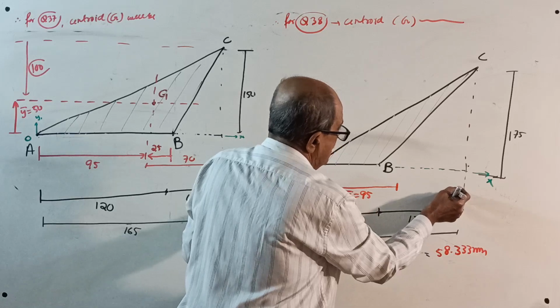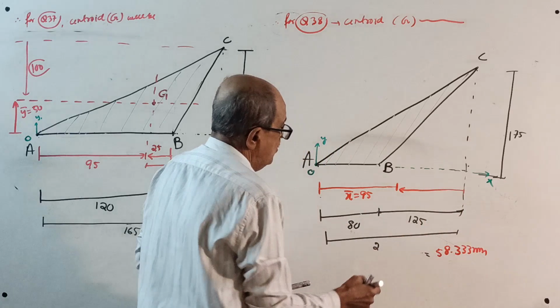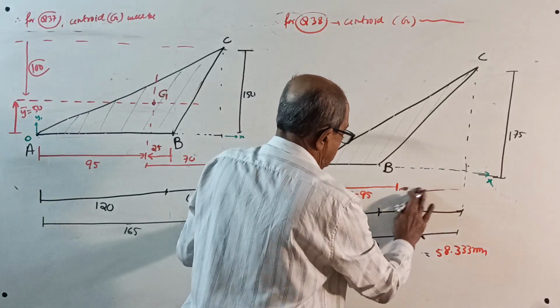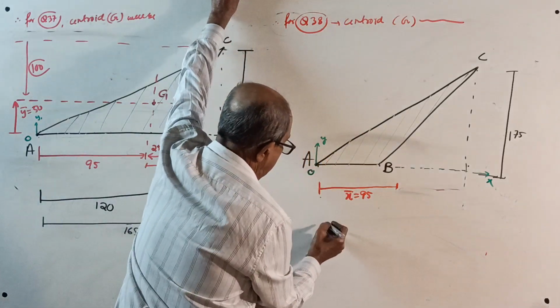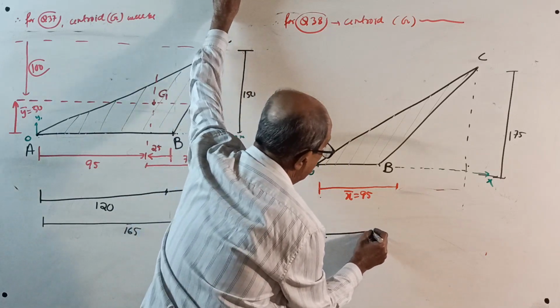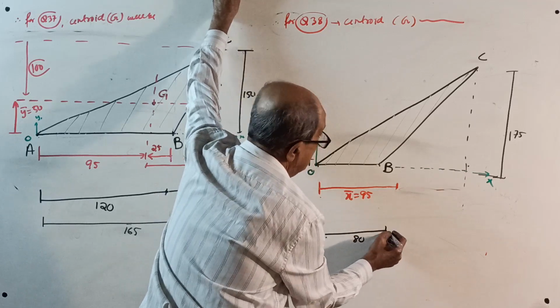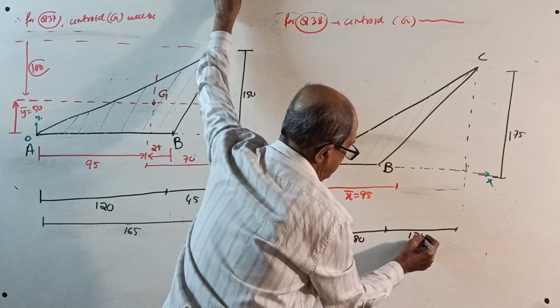Therefore, from there if you want, it will be, from there, it will be 125 minus 95. Or from there. See something, 1 minute now. To understand correctly, this is property given. How much? 80. This is given 125.